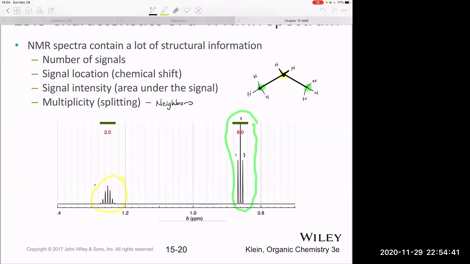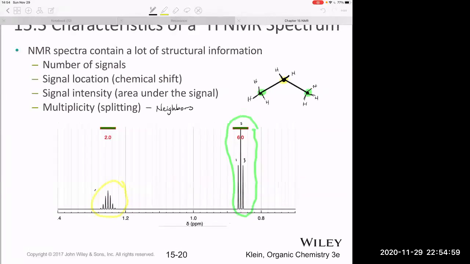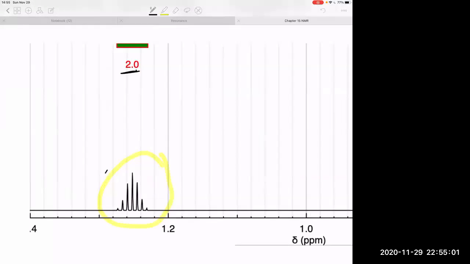Likewise, if we go now to the yellow hydrogens, these are bound to these other 2 carbons, each containing 3. So that's actually a total of 6 neighboring hydrogens corresponding to that signal. So if we look at this signal here, we see it has an integration of 2 corresponding to those 2 hydrogens.